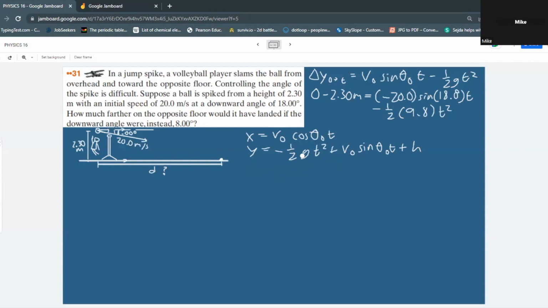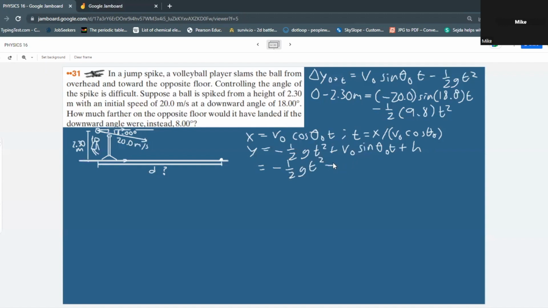So t is equal to x over v naught cosine theta. Okay, so plug it in. Negative 1/2 g.